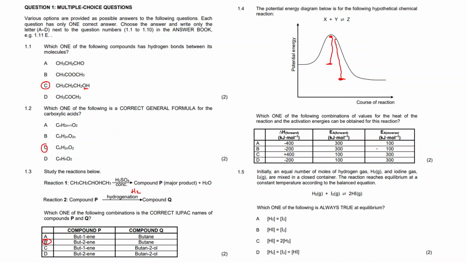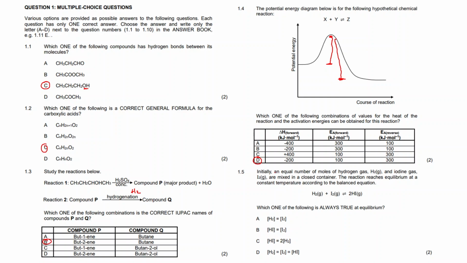Therefore, our reverse activation energy would be bigger than the forward activation energy. And as we can see, the energy of our products are lower than the reactants. Therefore, our delta H is negative. So if we take all of that into consideration, then our answer would be D, as we have a negative delta H and a lower forward activation energy than we do a reverse activation energy.